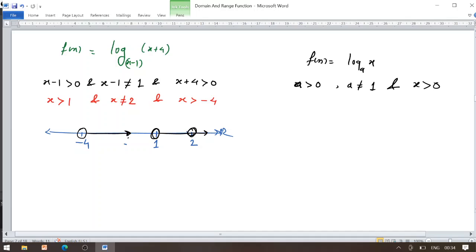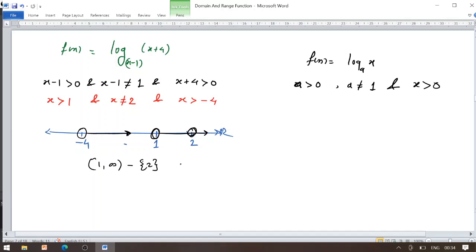So the intersecting part of the given intervals is the open interval 1 comma infinity except the singleton 2. That satisfies all three inequalities simultaneously.